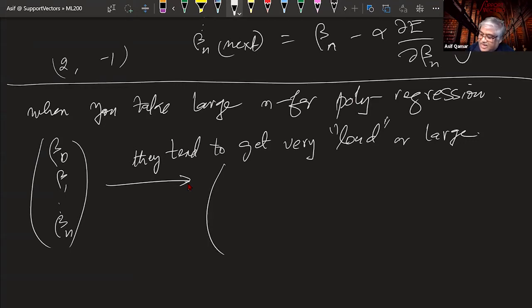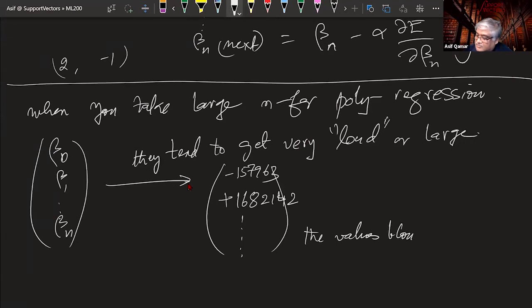But these values will suddenly start looking like minus 1, 5, 7, 9, 6, 3, or plus 168, 2, 1, 4, 2. Do you notice that these values of beta blow up? Every factor seems to matter a lot. Each of the parameters seems to become very loud, with very large values.